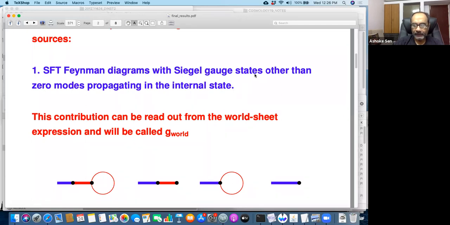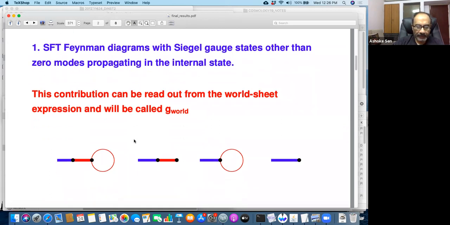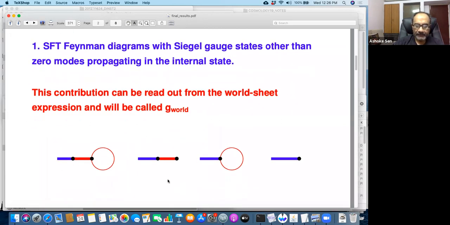And in that calculation, you have to remove the zero modes as before. Okay, and this time the zero modes will include both the ghosts as well as the collective modes. But it's understood that whenever you have a dQ Q inverse, you just remove them. And so these are the various Feynman diagrams that you have to deal with. Okay, again, as before it's a one-point function, so there's only one external closed string. All internal lines are open strings. Okay, because internal closed strings have already been integrated out.